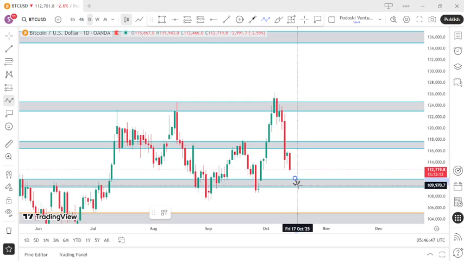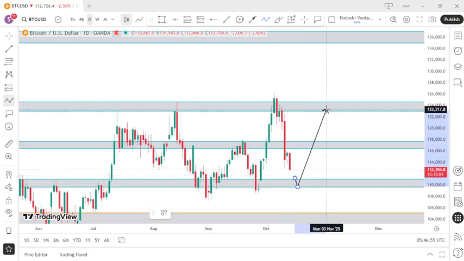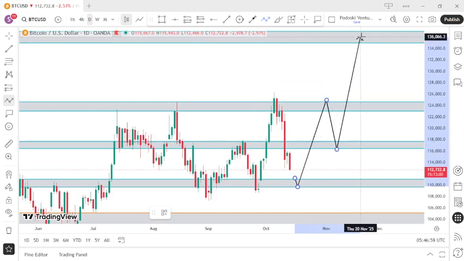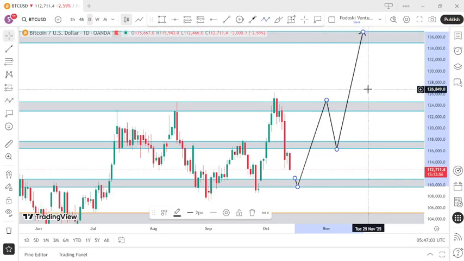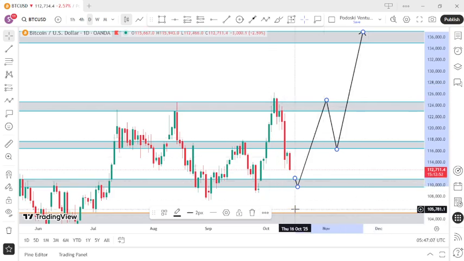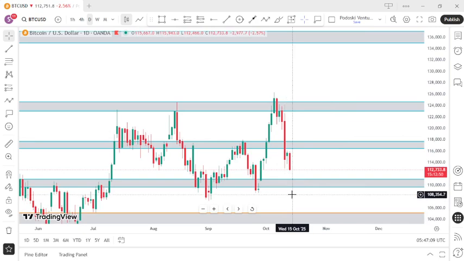Price should come down to the daily lower zone like this, give us a candle confirmation, then we buy from here all the way to the upside. And this is just the first scenario of what I'm expecting to happen.